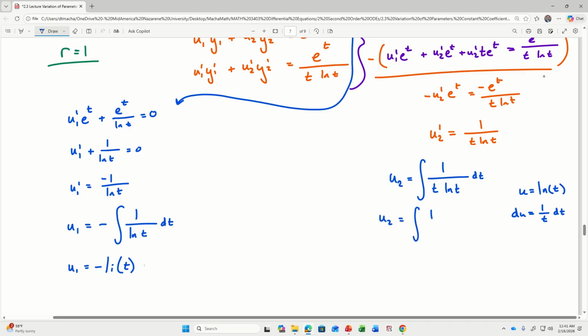So this is now the antiderivative of 1 over u du. And that would be the natural log of, say that again. Wouldn't it be tu, because it's t and a natural log t at the bottom? Oh, but this part.